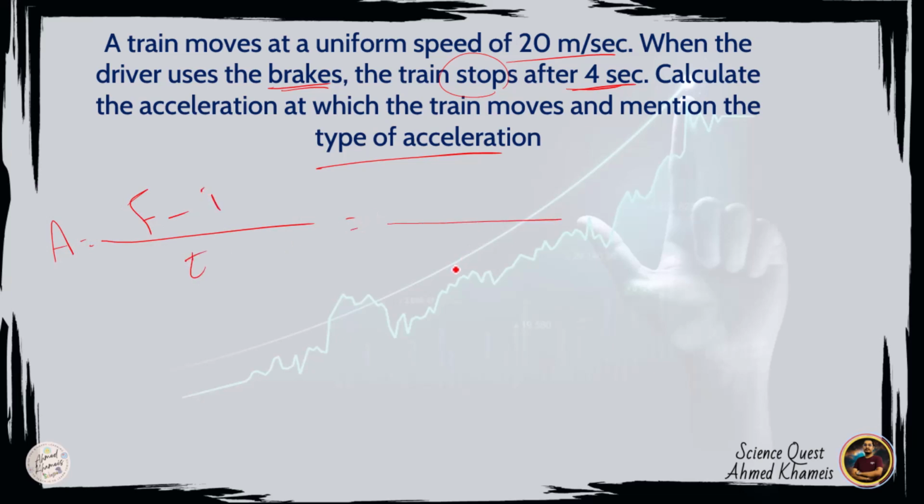The driver uses the brakes and the train stops, meaning the final speed will be 0, minus the initial speed 20, over 4 seconds, equals minus 5 meters per second squared. The minus here tells us that this type of acceleration is negative acceleration, and we refer to it as deceleration motion.